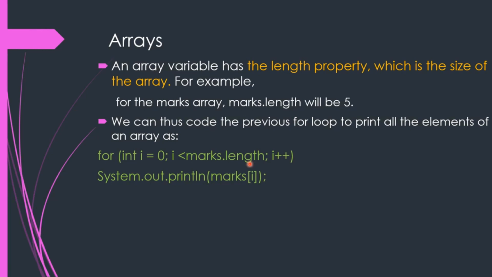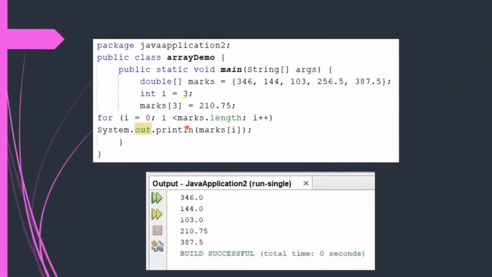So wherever you are using the size of the array, you can also use the length property, and the output of that statement will be the same. There will be no change. Let us see. So here you can see we have just made a small change in the coding. We have just replaced the 5 with marks.length.